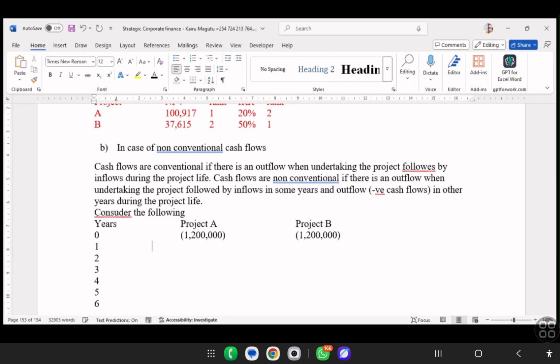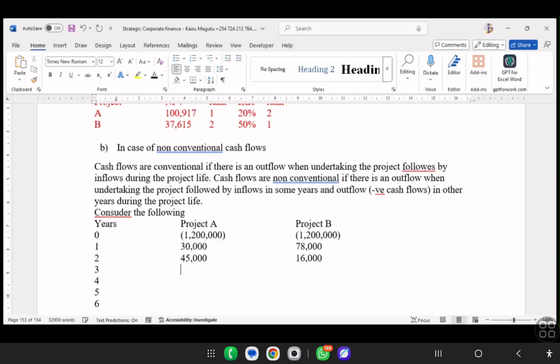But now in project A, year one, you expect that it will generate 30,000. Project B will generate 78. You go to year two, this one generate 45. This one generate 16.